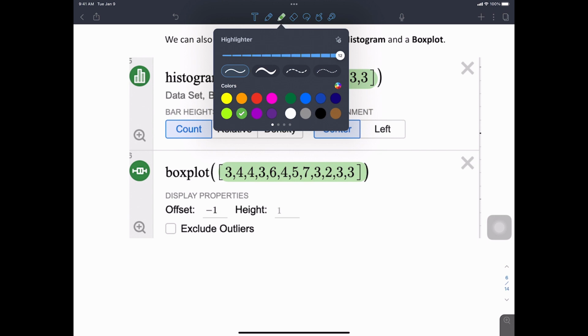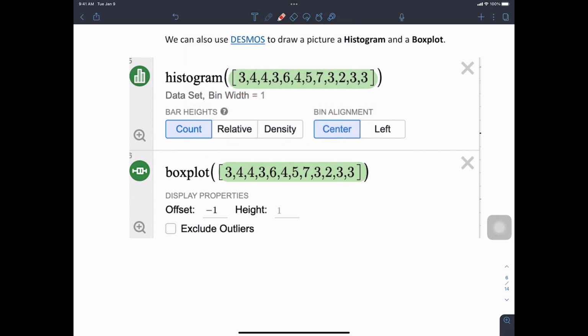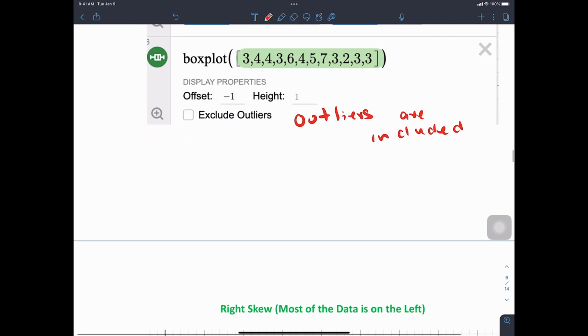You exclude outliers? That means a no, that means the outliers are included. Just because you include outliers doesn't mean there are some. Some data has outliers, some don't. It's by that same computation.